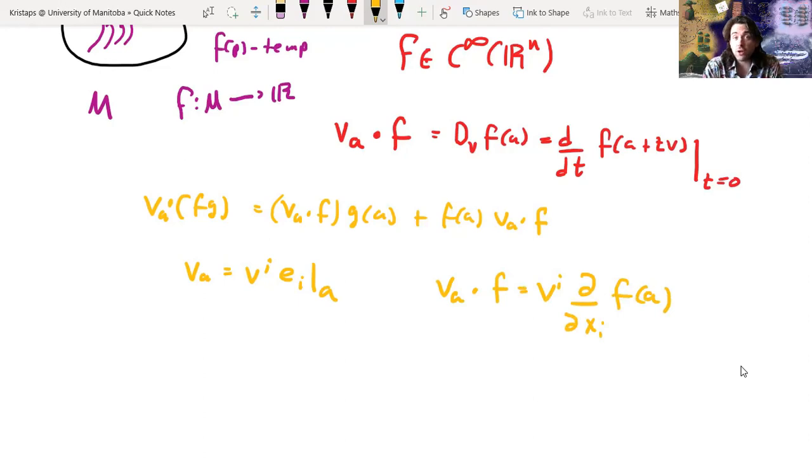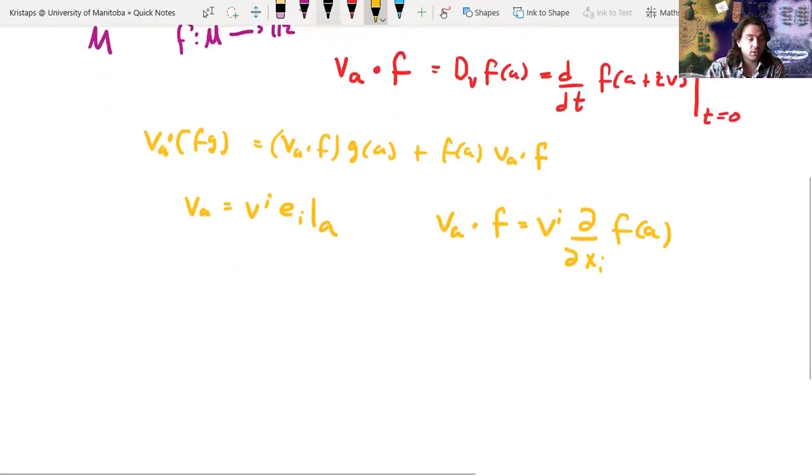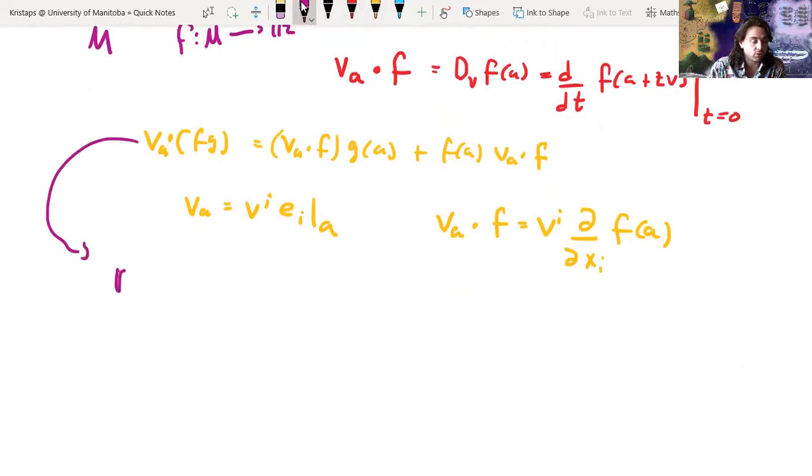So in fact, much more generally, it turns out that anything that satisfies this, we're going to call a derivation. So to be precise, and let me make this a definition for any manifold, because this is what we're going to use.